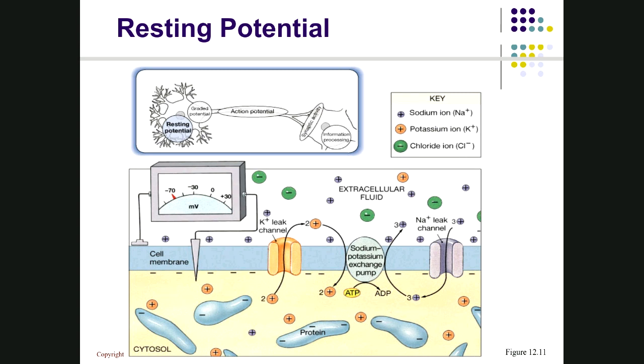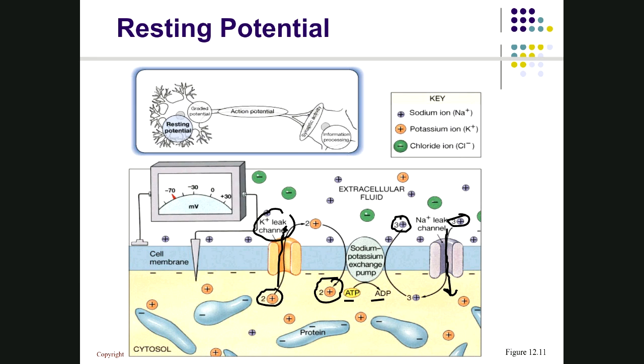So there's our pump, and look, it uses an ATP. It pumps 3 sodiums out, brings 2 potassiums back in. And then those 3 sodiums tend to leak back in through the sodium leak channel, and the 2 potassiums tend to leak back out through the potassium leak channel.